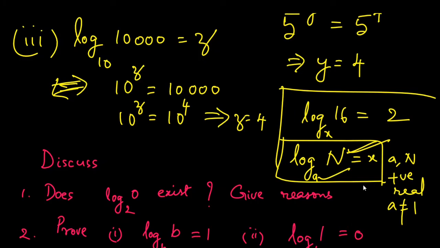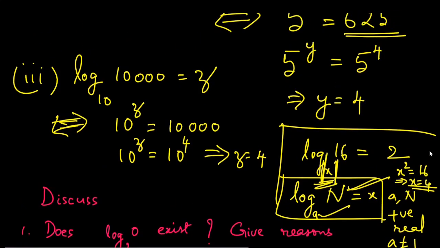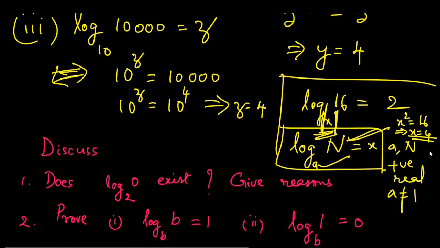So here x should take only positive values. So x square is equal to 16, x is equal to 4 only. X should not take the value minus 4.